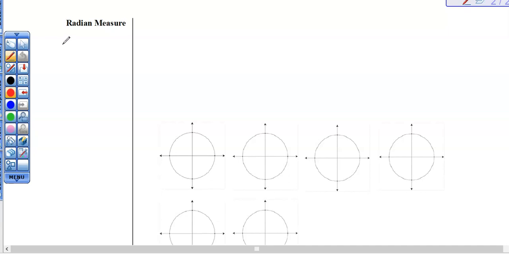And a circle always represents a perfect distance from the center all the way around, one full revolution. So a radian measure is another way to measure angles.